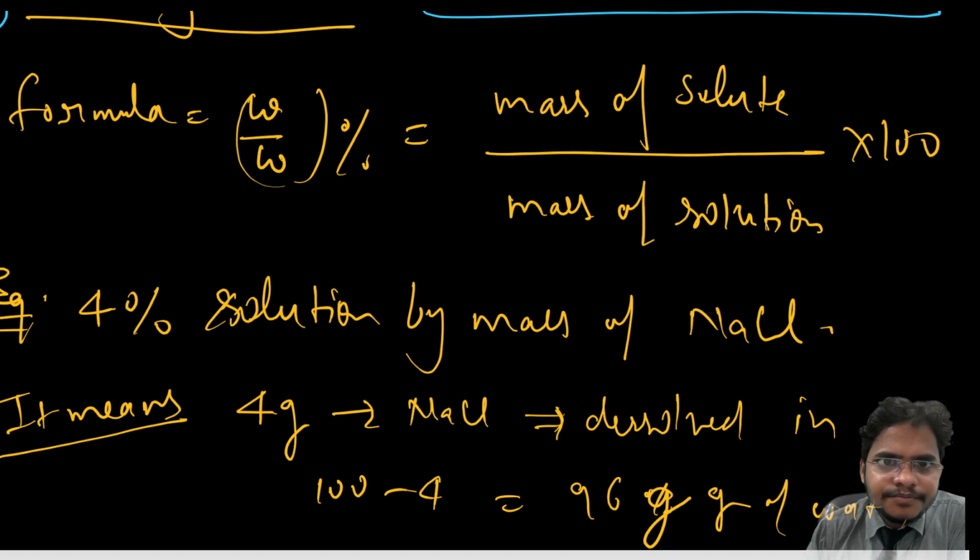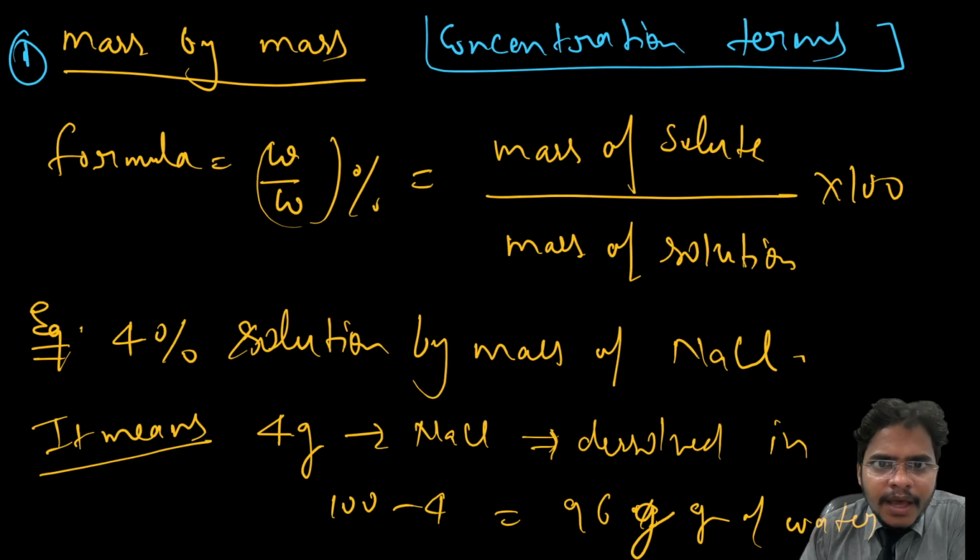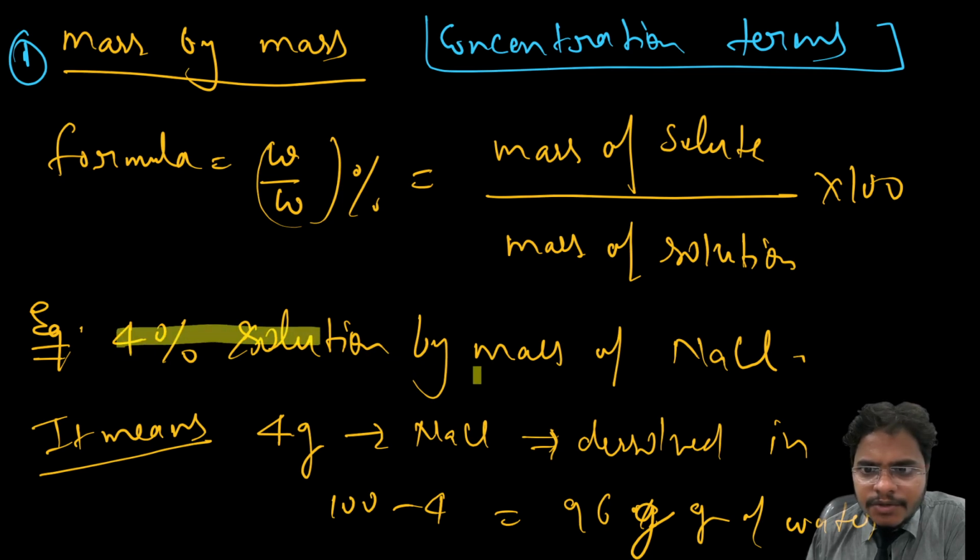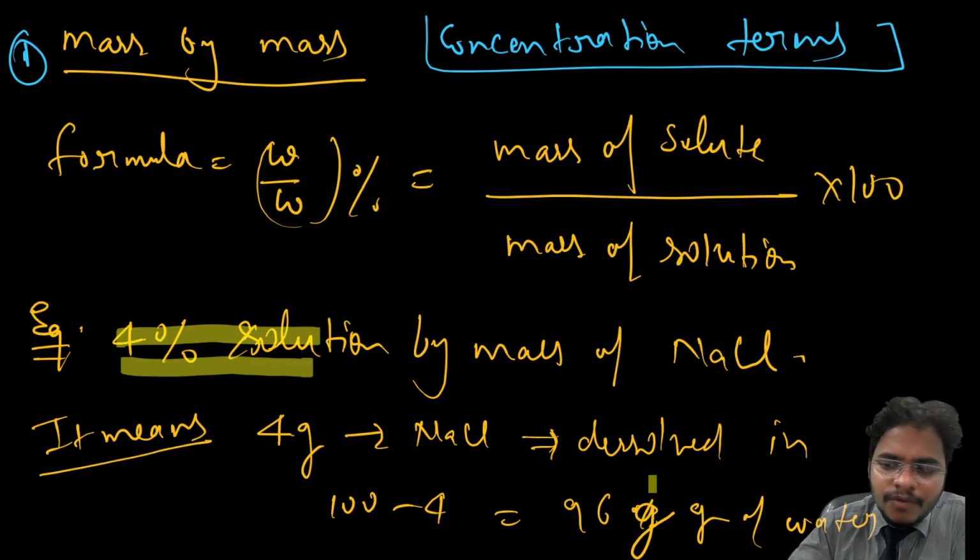For example, the 4% solution by mass of NaCl means 4 gram of NaCl dissolved in 100 minus 4, which equals 96 gram of water.